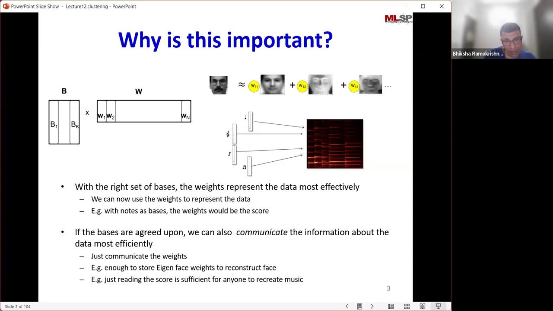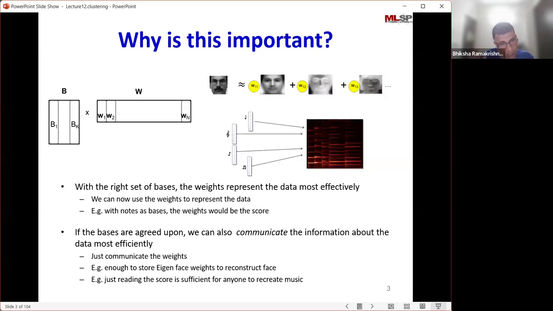And so with the right set of bases, the weights can represent the data very effectively.